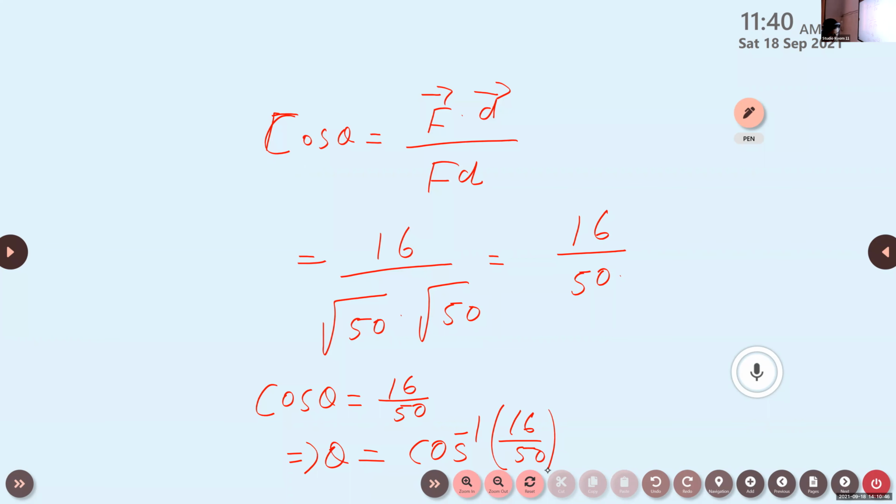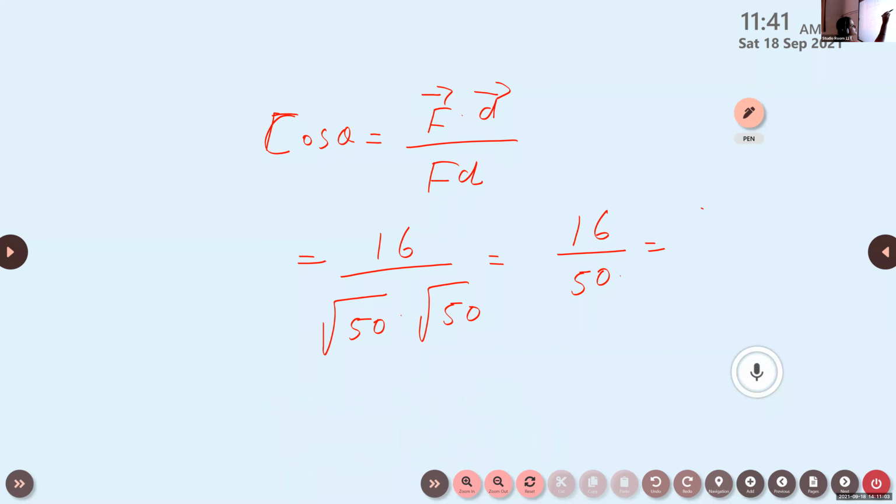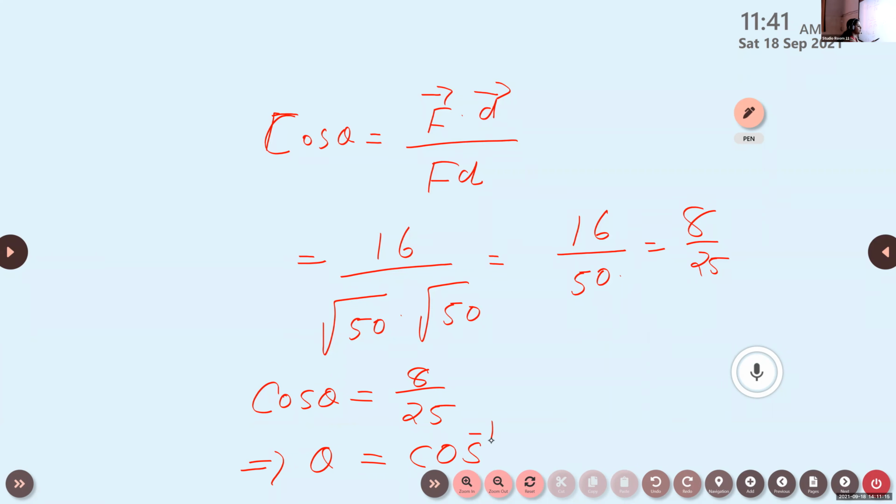Or you can simplify it into smaller terms. 16 by 50 is equal to 8 by 25, right? So cos theta is equal to 8 by 25, which implies theta is equal to cos inverse 8 by 25.